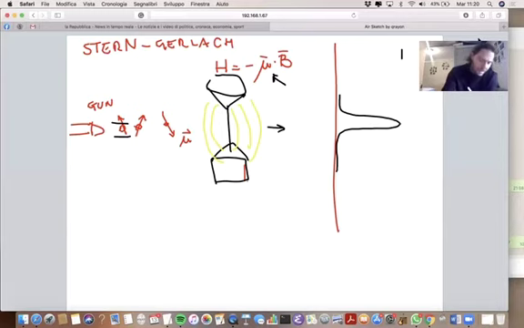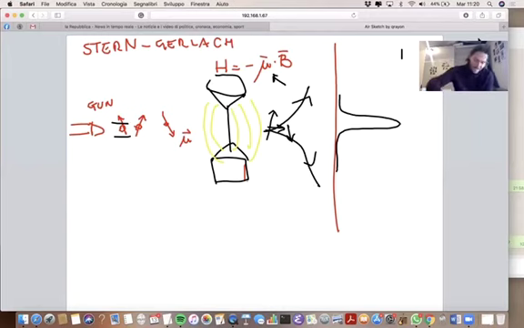There will be some particles with a magnetic moment that is more pointing in one direction, and they will be deflected in this direction because of this interaction. And there will be particles with a magnetic moment oriented in the opposite direction, and they will be deflected in the opposite direction.